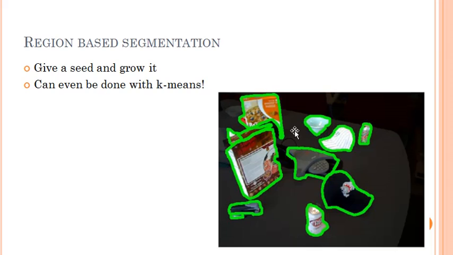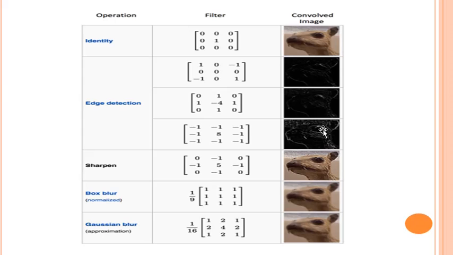And another kind of segmentation is the region based segmentation, in which we give a seed and we want to grow it, right? So here we are basically segmenting different objects present in an image, right? So there can be different techniques which can help us to convert or to segment objects in different images.